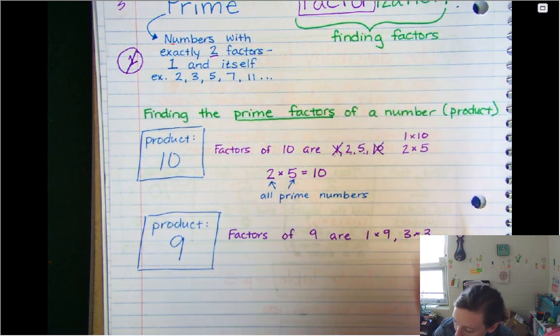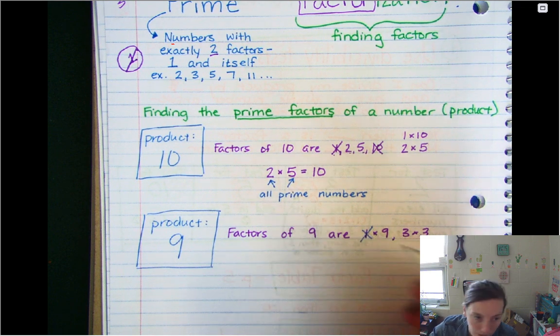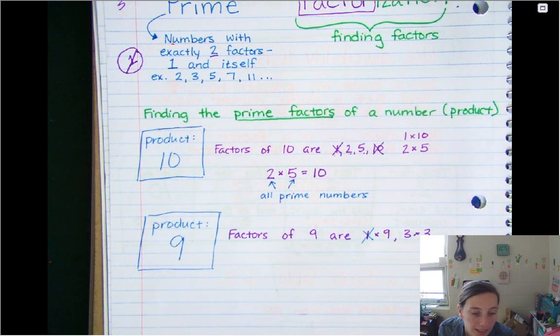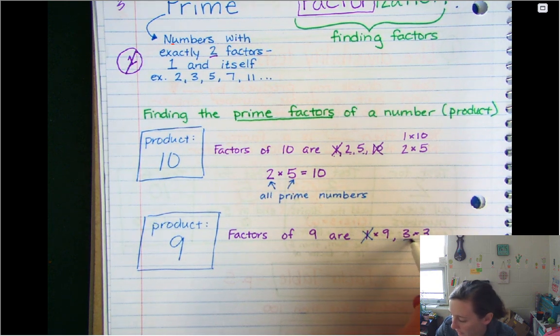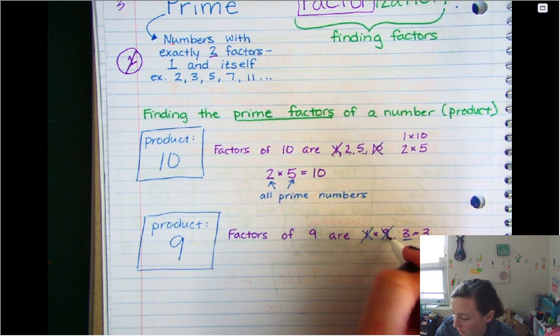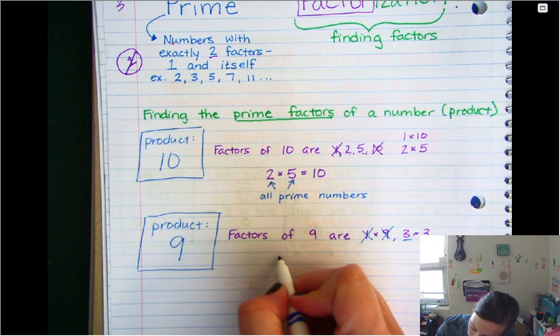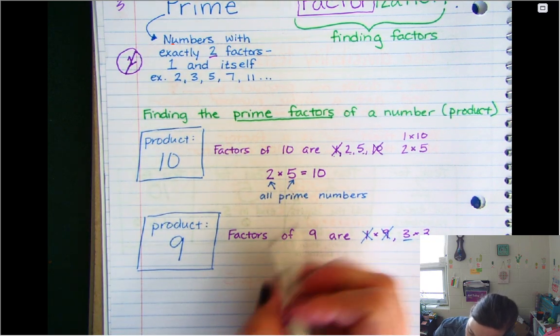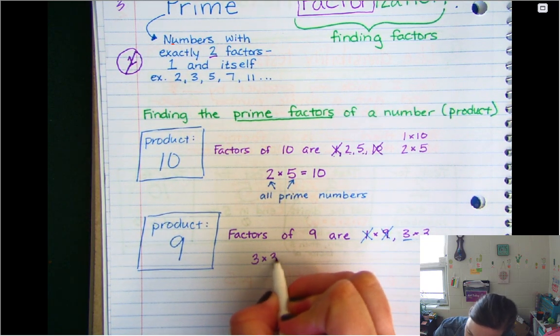We know that 1 is not a prime number. 9 is not a prime number because right here I just listed that it has another factor. So 3 times 3 is our prime factorization.